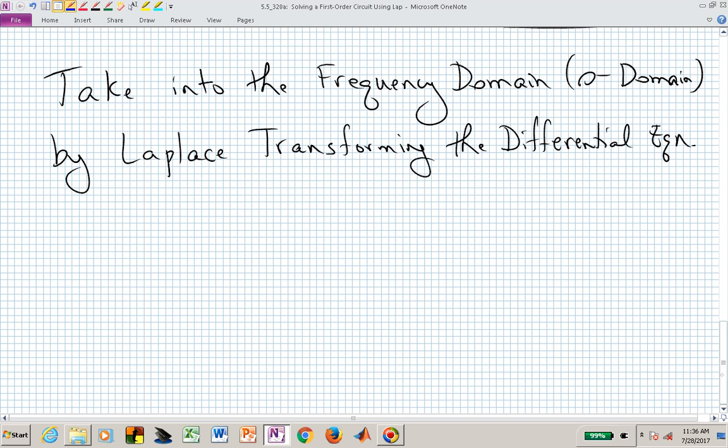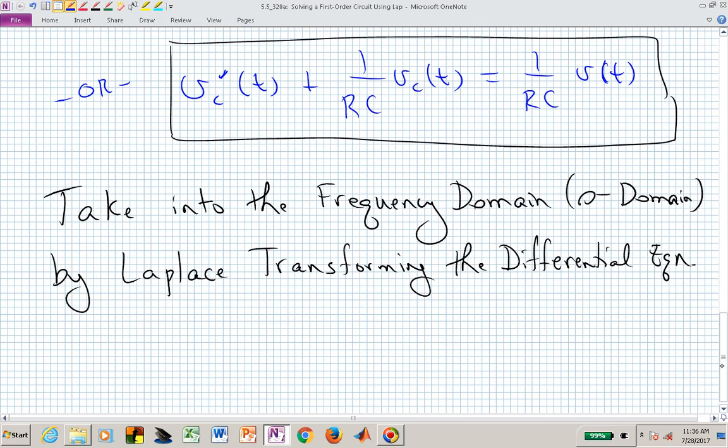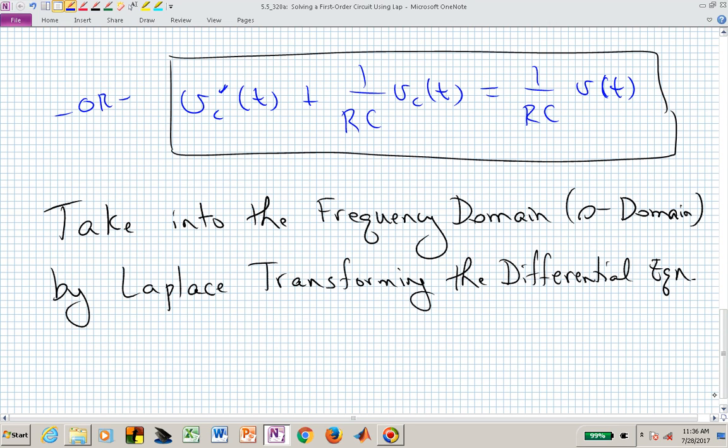We know the Laplace transform is a linear operation, so we can Laplace transform each of those three terms separately. We have the Laplace transform of the derivative of our capacitor voltage plus a weighted Laplace transform of the capacitor voltage equaling a weighted Laplace transform of our source voltage V of t.